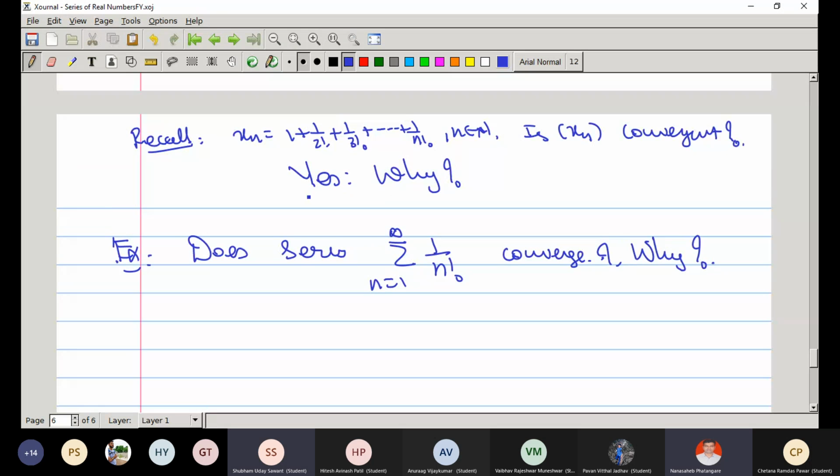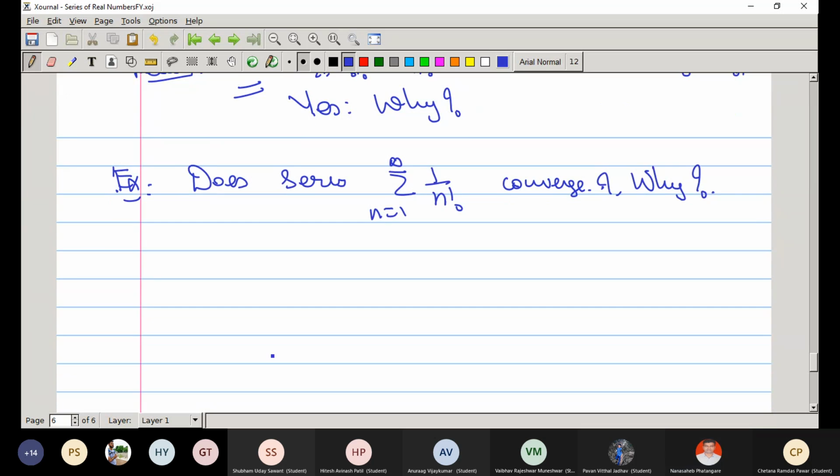If you construct the sequence of partial sums, we get exactly this sequence. And this sequence is convergent, and therefore this series is convergent. That's why we discuss those problems while talking about sequences. And this series is convergent.